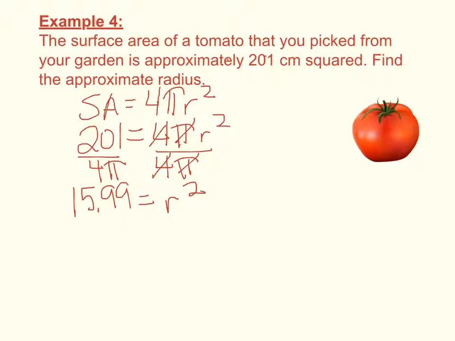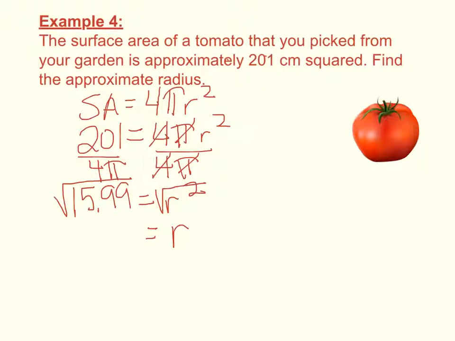If you said taking the square root, you are correct. If I take the square root of R squared, I'm just going to end up with R. And likewise, I'm going to have to take the square root of 15.99507, whatever you got on your calculator. Okay, go ahead and calculate that.